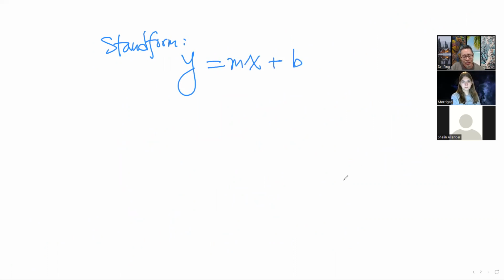Then how do we graph that in the xy coordinate? Because this one just gives us a function form. Fortunately, this kind of function is called the linear function, which means when you graph it, it's a straight line. Now, if you want to graph a straight line, how many points do you need?